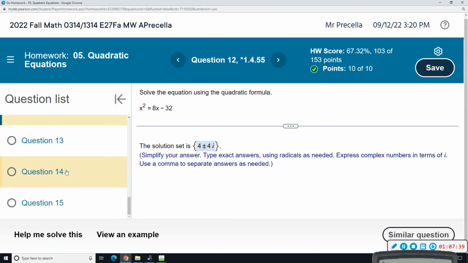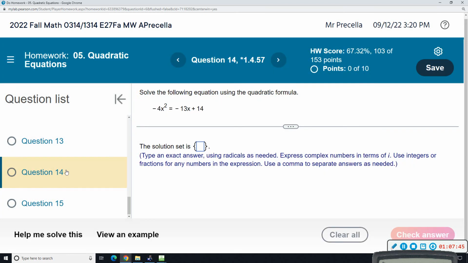Let's look at number 14. Let me write it down. Negative 4x squared equals negative 13x plus 14. This is not in standard form.